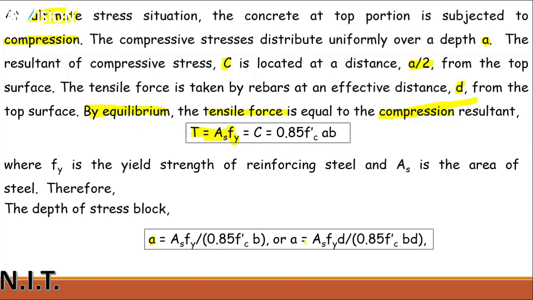Just divide this equation by small d, so it will be formed in this way. This will be the new form of the equation. As you can see, Fy is the yielding strength of reinforcing steel, and As is the area of steel. Why have we divided this equation by small d?